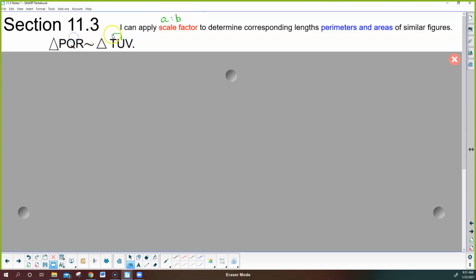Or if PQ isn't available, I could use QR, and I could compare that to UV. Or if those lengths aren't available, I could even go P to R, and that would match with T to V. So that's just a quick review of how we can use the similarity statements to match up sides. And if they are similar, that means they have to have a scale factor.